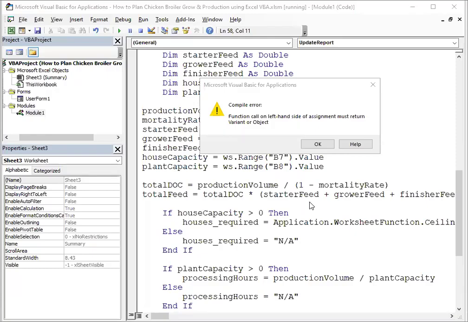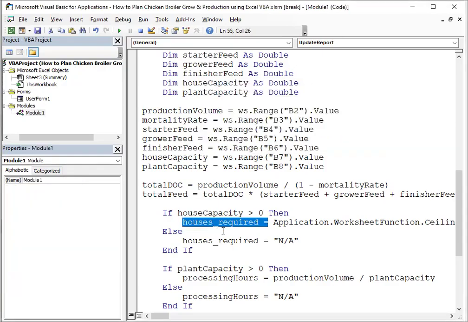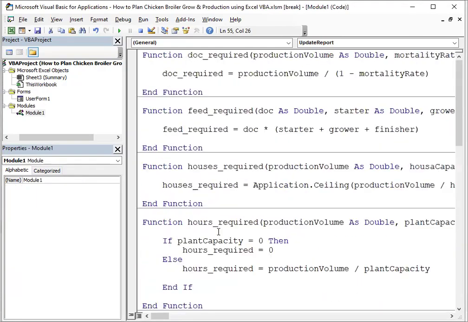So what I'm gonna do is I'm gonna debug this. You have a compile error: a function call on left-hand side of assignment must return variant or object. Just click OK. We have a problem here. Okay, in our function, it says houses required application.